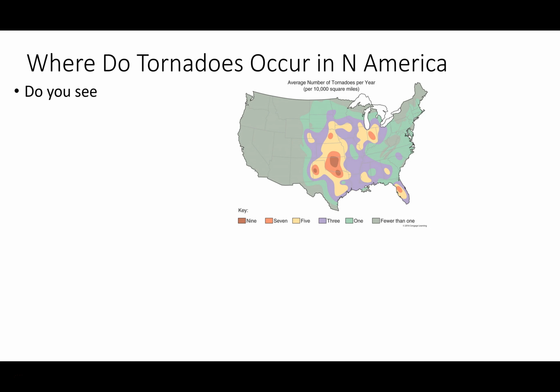So there you go. Do you see Tornado Alley? This is color coded, so the closer it is to red, the higher the number of tornadoes per year. You can see this range from Texas and up.